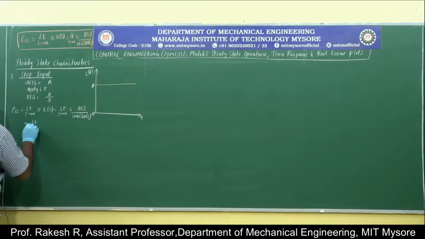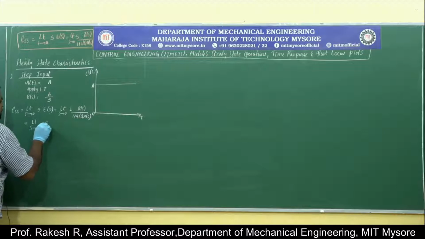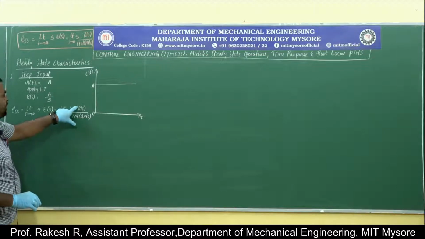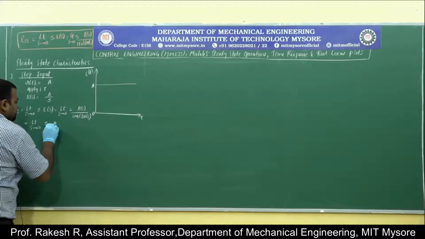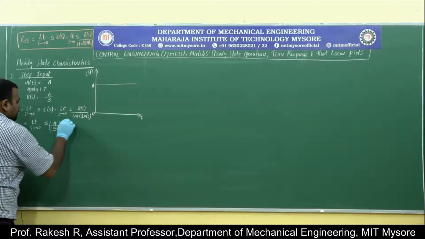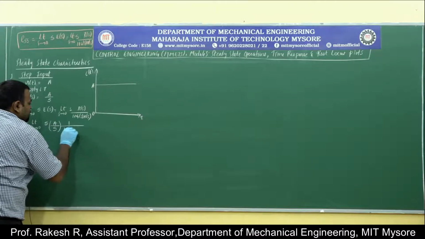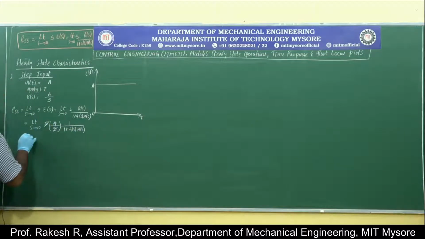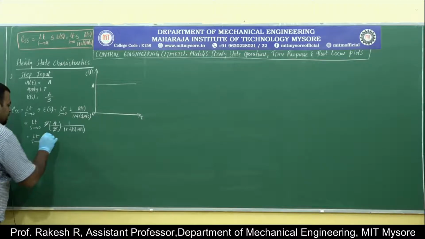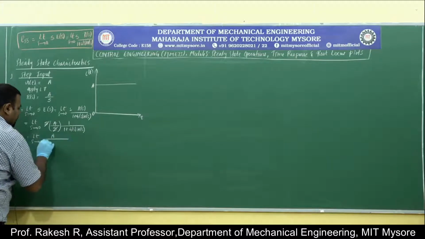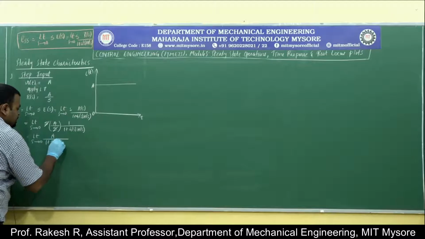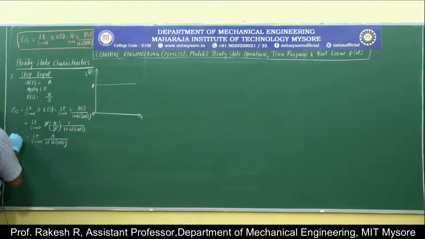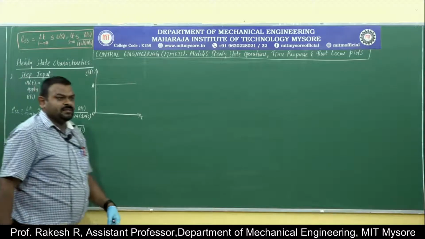So limit of S tends to 0, S. What is R of S for step input? It is A by S, into 1 plus G of S into H of S. S will get cancelled: limit of S tends to 0, A divided by 1 plus G of S into H of S. This is the steady state error for step input signal.